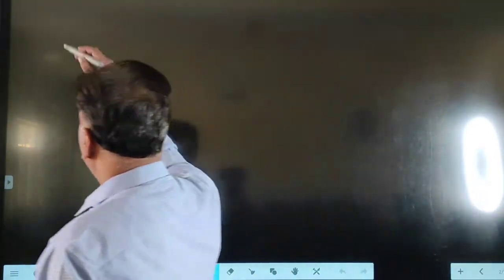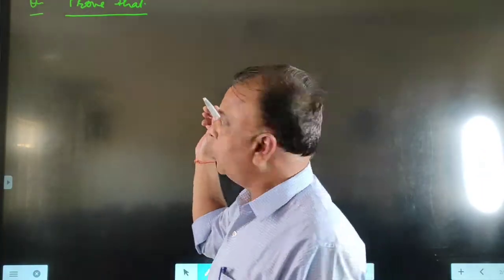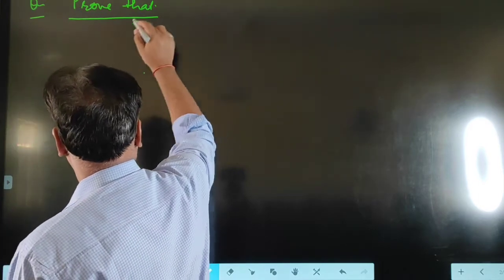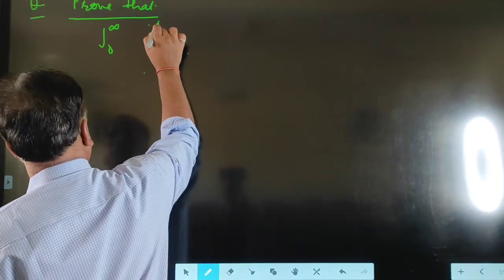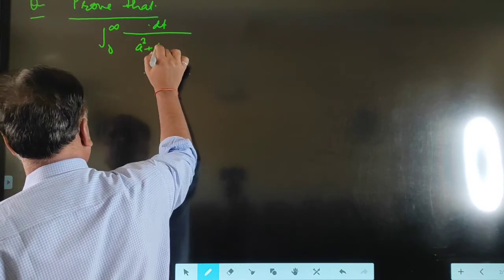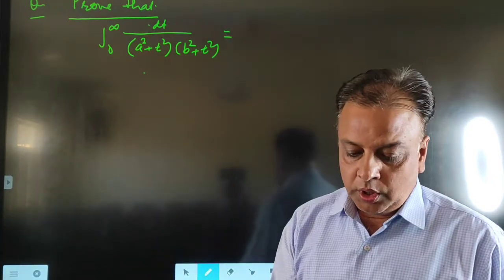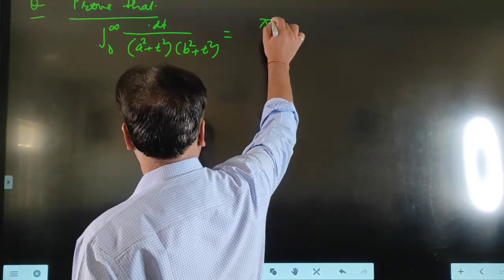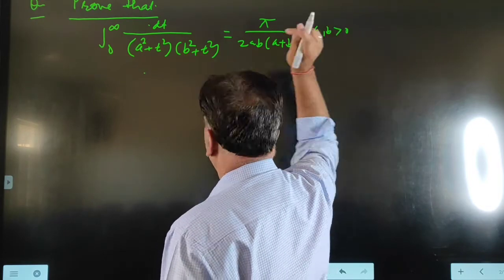So the first problem is to prove that the integral from 0 to infinity of dt upon (a square plus t square) into (b square plus t square) is equal to pi upon 2ab into (a plus b), where a and b are positive values.